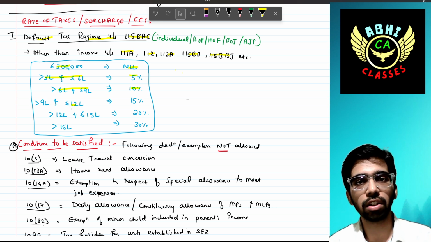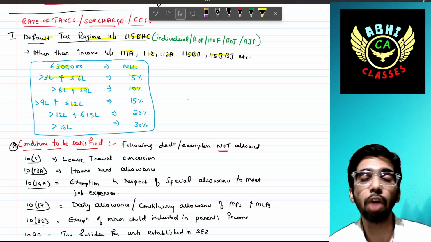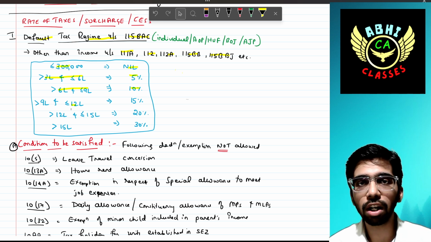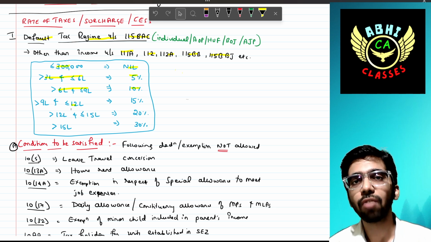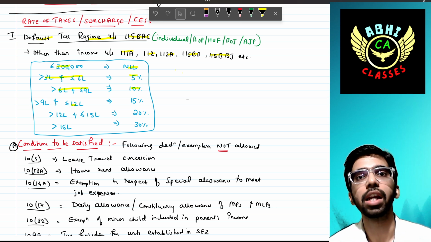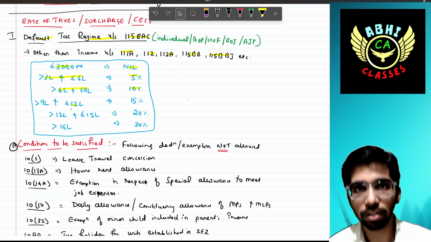First of all, we will discuss for individual, AOP, HUF, BOI, and AJP. The definitions of these have already been discussed in the last class. First, the default tax regime under section 115BAC. This section has been amended recently in this budget, so it will definitely be a good question for your examination attempt.